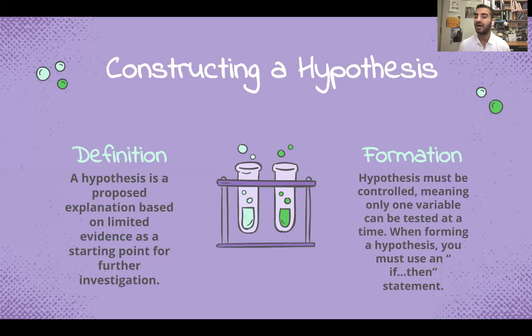And then forming a hypothesis, again, we're going to use this word controlled. We're going to go into detail about what controlled means, but in a way, the hypothesis can only test one variable at a time. So the best way to make sure your hypothesis is controlled is to use an if-then statement. If I drink lots of water, then I will be healthier.